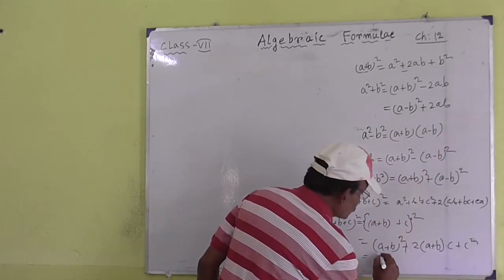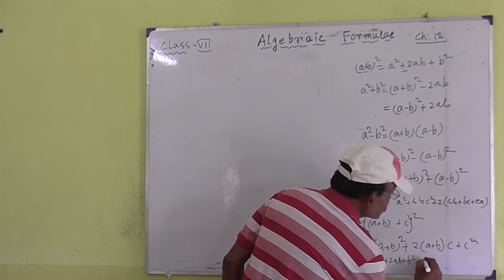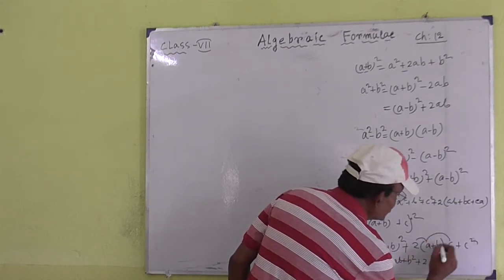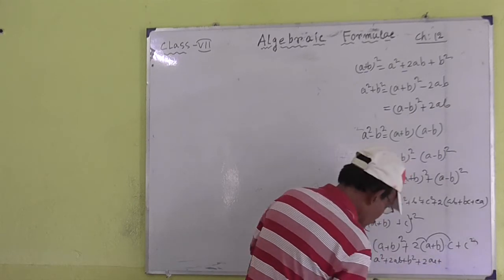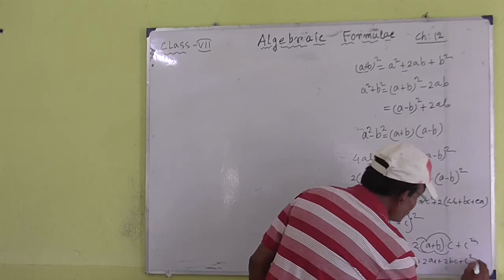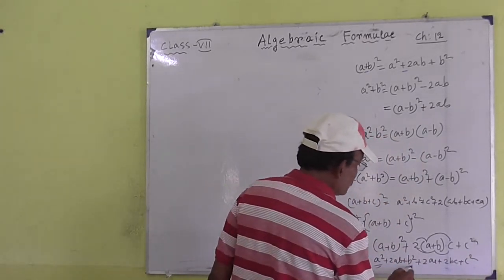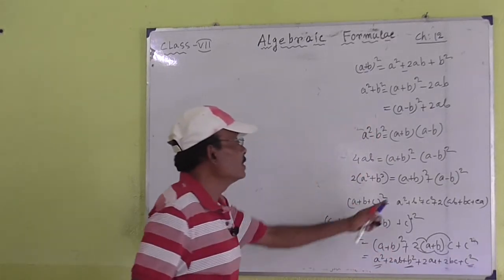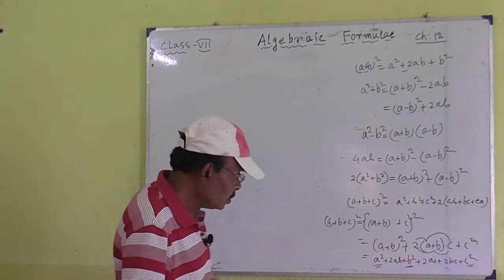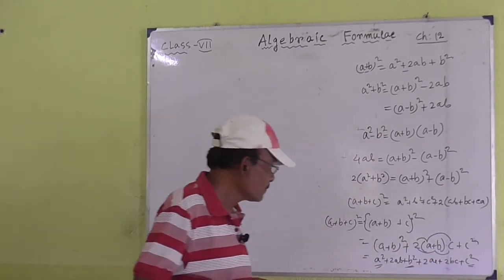So it will be a square plus 2ab plus b square plus 2ac plus 2bc plus c square. If we arrange a square, b square, c square, here written a square, b square, c square, 2ab, 2bc and 2ca. Okay.